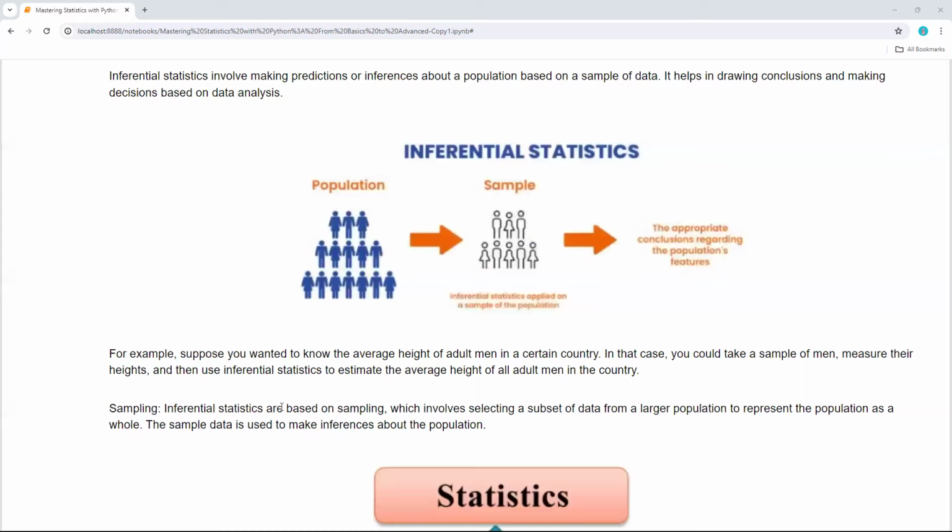So in that case, you could take a sample of men, measure their height, and then use inferential statistics to estimate the average height of all adult men in the country. We should take a sample of at least 200 or 300, or let's take 1000 men out of the entire country, apply inferential statistics, and estimate the average height of all adult men in the country.